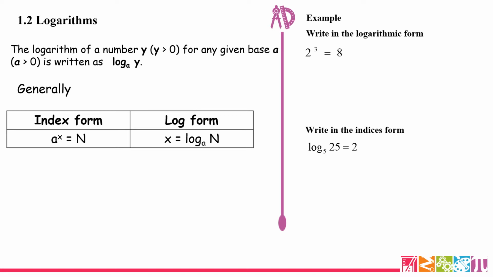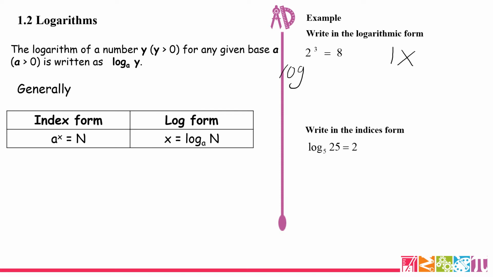Example, write in the logarithm form 2 power of 3 equals 8. To make it simple, we use the IX method. First, write down log. Refer to the IX method. So I refer to the number 2.